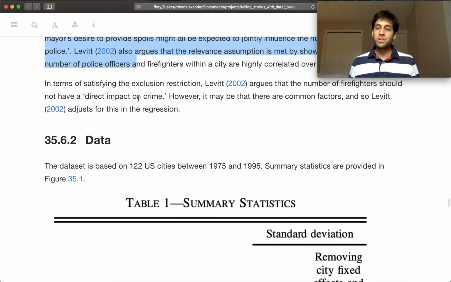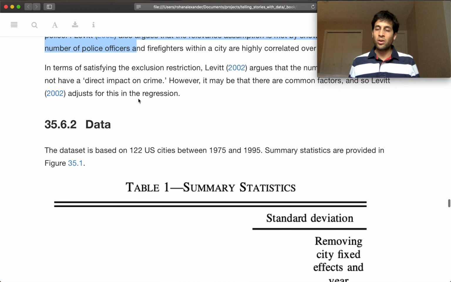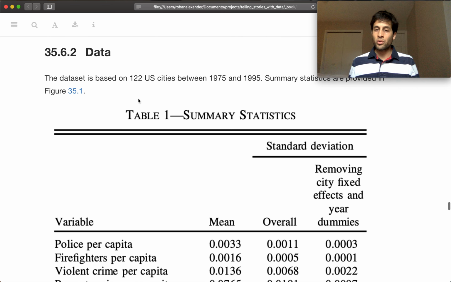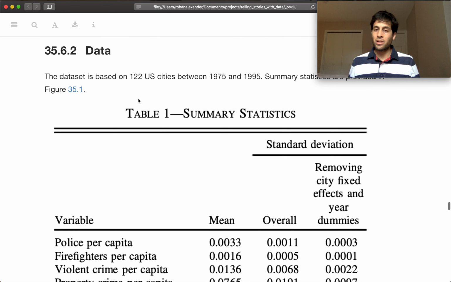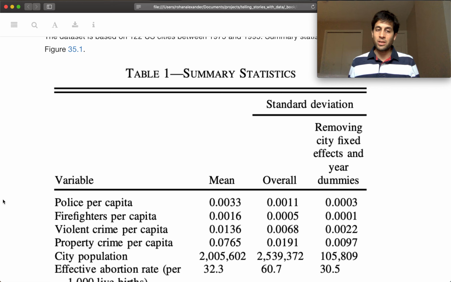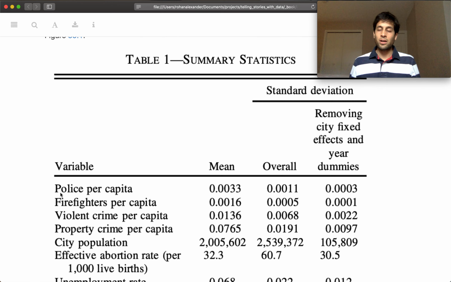So the data set that he uses is 20 years' worth of data on a whole bunch of US cities. And of course, he provides a nice summary statistics table for his variables. And so you can see police per capita and firefighters per capita. These are our two key variables, along with violent crime per capita.